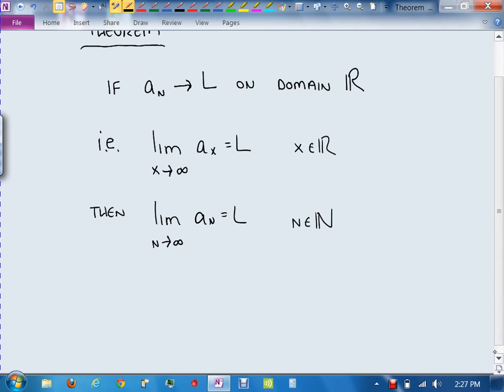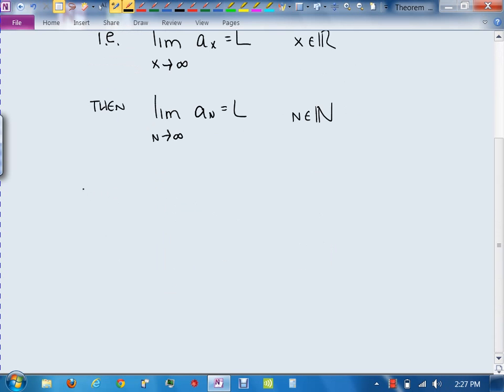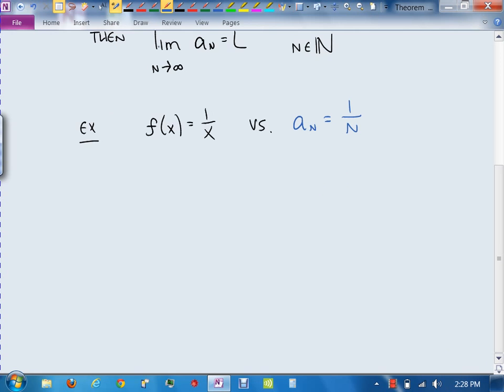So I'm going to give you a visual example of this below. As an example, let's say I take the function f of x equals 1 over x versus, in blue, a sub n equals 1 over n. Now, this one I'm allowed to plug in anything, right? Well, except 0. This one I'm only allowed to plug in 1, 2, 3, 4, 5, 6, forever, right? But if I graph them together, then the black function is a solid curve that does this, right?